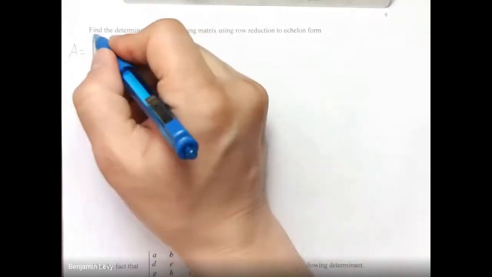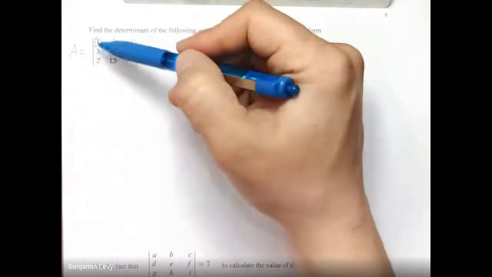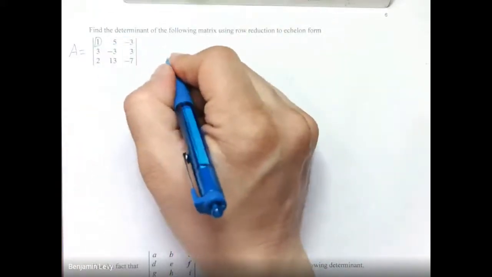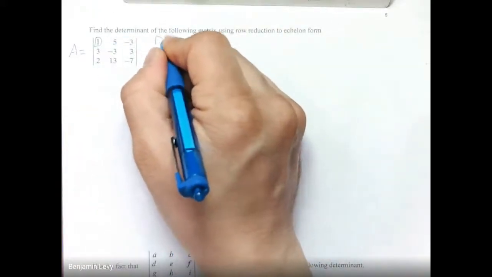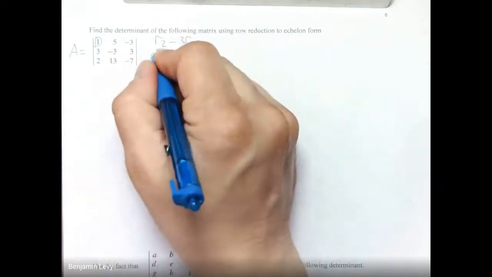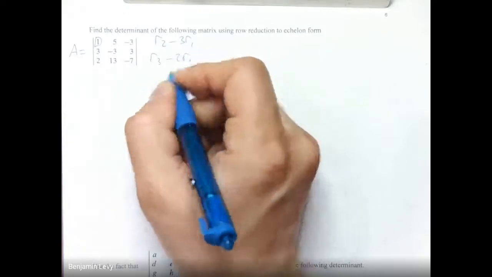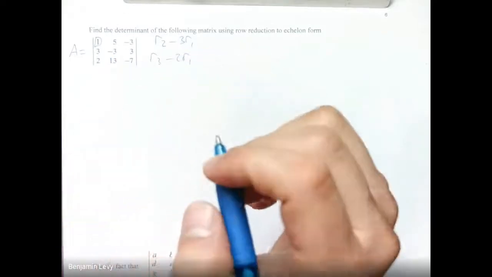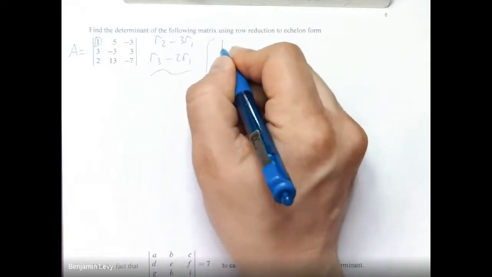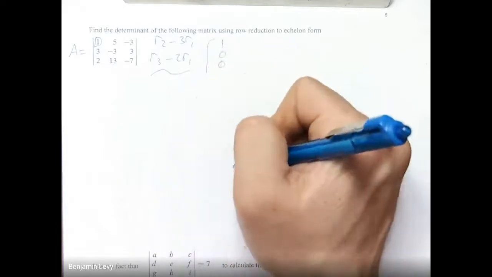So the first thing, we've got our pivot in the upper left-hand corner. We want to use that 1 to get rid of the 3 and the 2. So I'm going to do that in one step here. I'm going to do row 2 minus 3 row 1 to get rid of the 3. And then I'm going to do row 3 minus 2 row 1 to get rid of the 2. And so when we do that, we end up putting zeros below that 1.